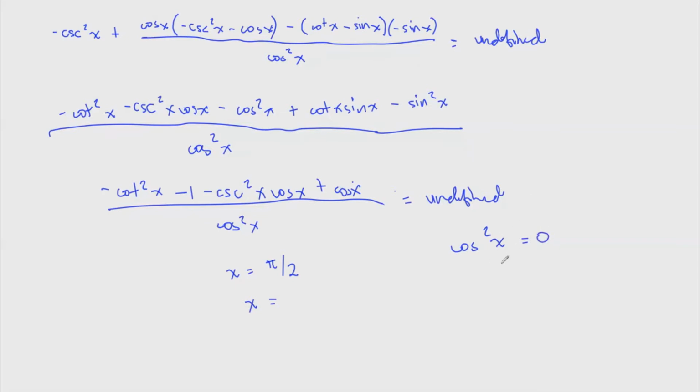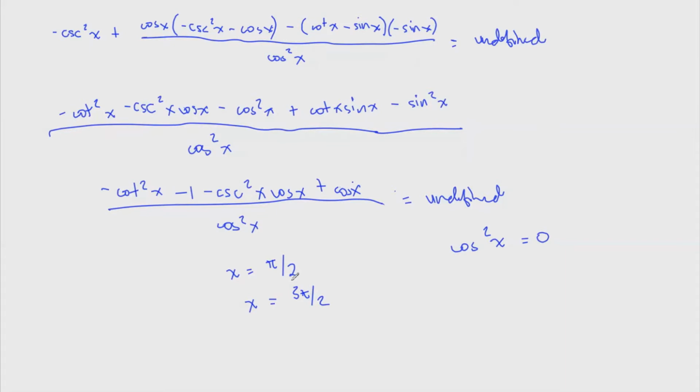So that is simply pi over 2, and then the other one would be somewhere in between pi and 2 pi. That's 3 pi over 2. So it's like the negative y axis if you translate that into the x and y coordinate system. So we have pi over 2 and then 3 pi over 2.